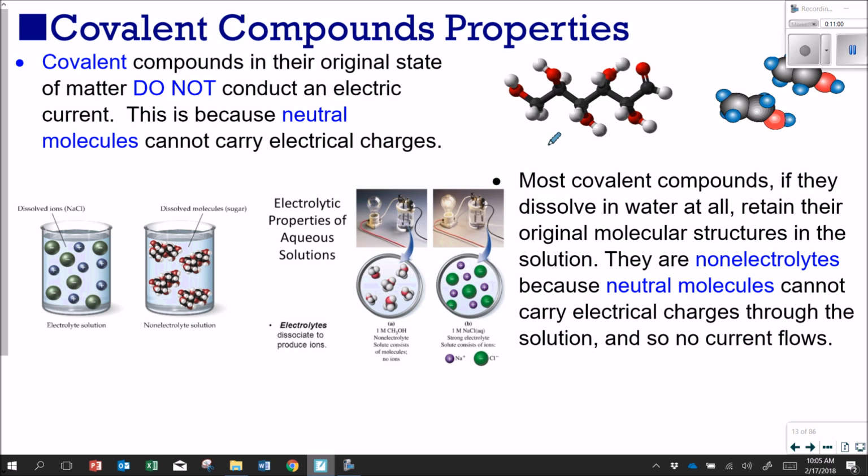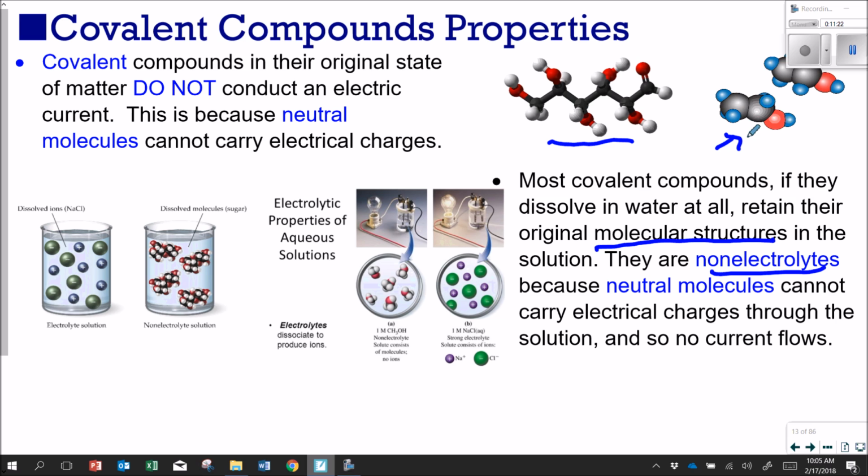This is because a neutral molecule cannot carry an electrical charge. Also, most covalent compounds, when they dissolve in water, will retain their molecular structures, so they will be non-electrolytes, which means they cannot conduct electricity because, again, neutral molecules cannot carry an electrical charge through the solution.